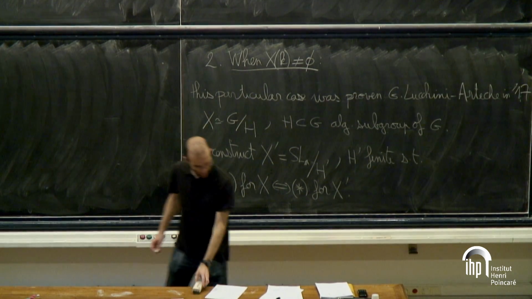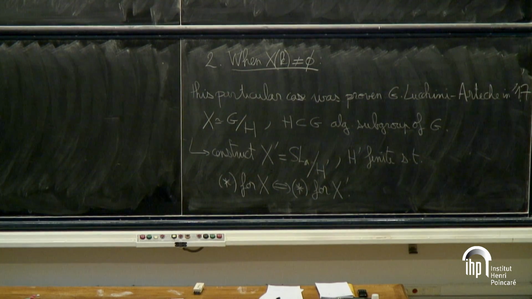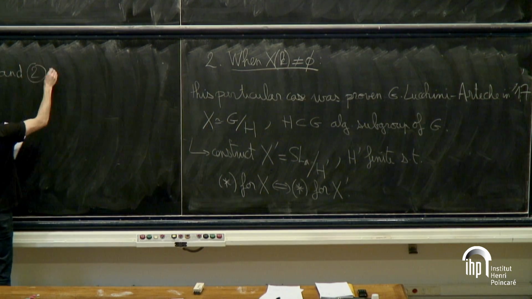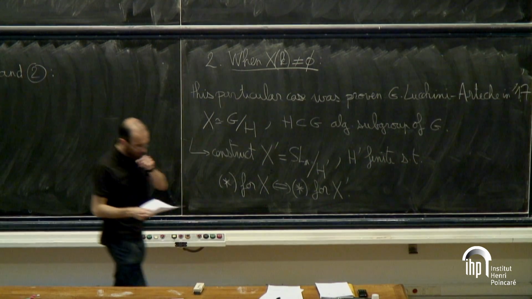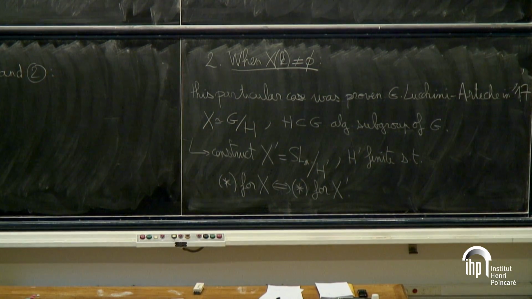So we need replacements for properties 1 and 2 mentioned above. And to do this, we will use non-abelian cohomology.